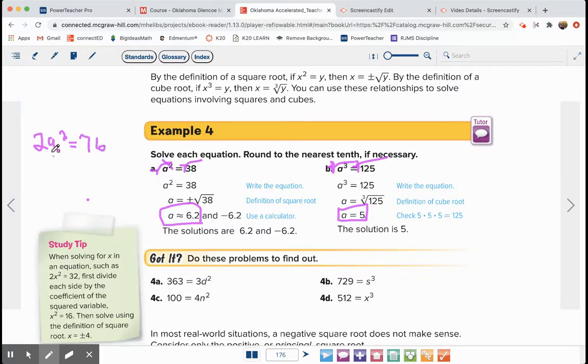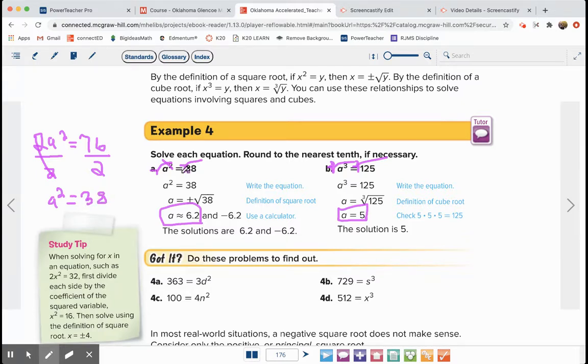If we're solving for a, we have to get rid of this 2 that's being multiplied and the exponent. We have to get rid of the one that's being multiplied first. And we do the opposite and divide both sides by 2. 2 divided by 2 is 1, so I'm left with a squared, or to the second power. 76 divided by 2 is 38.